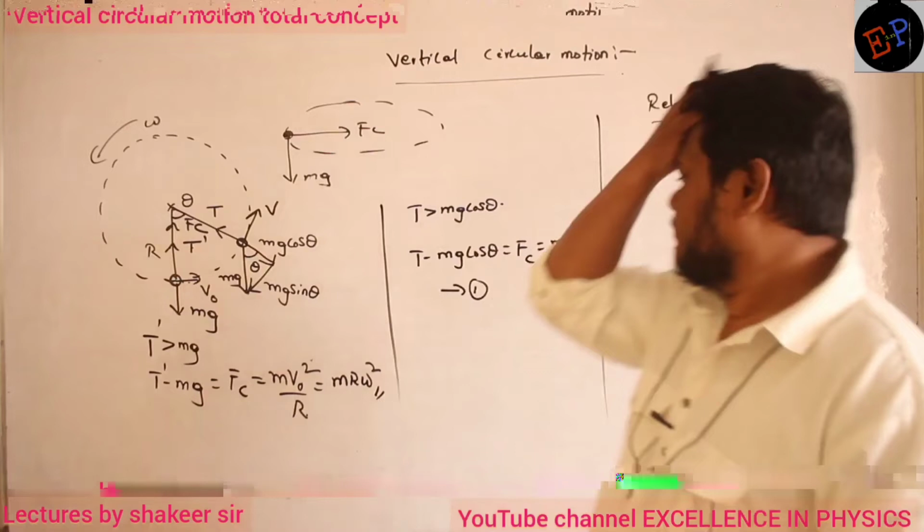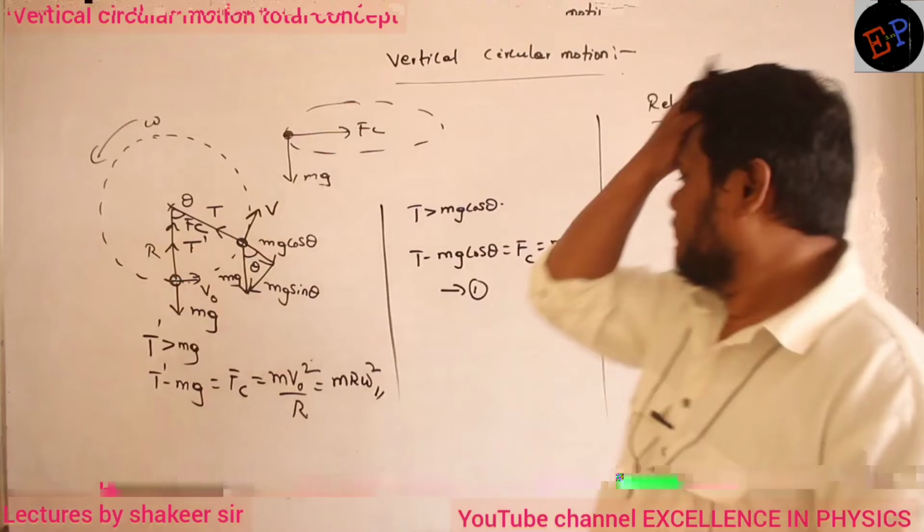Are you able to understand? So this angle is not possible. And an angle not being possible means velocity cannot be 0. This was the angle where velocity would become 0, and since it is not possible, velocity will never become 0.